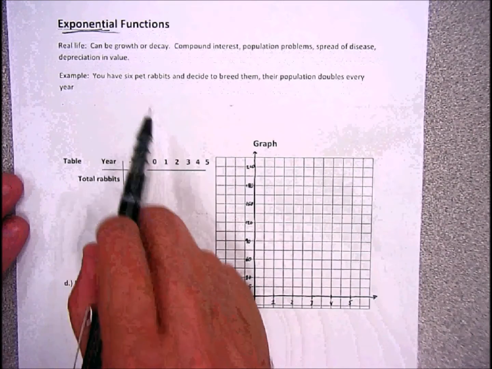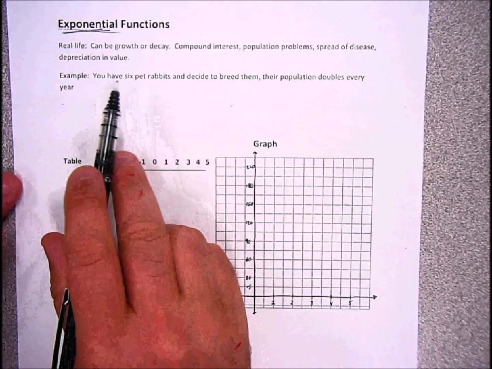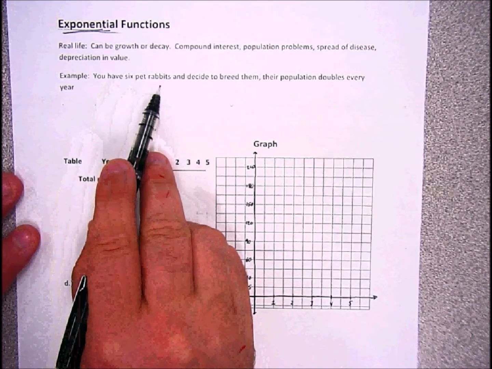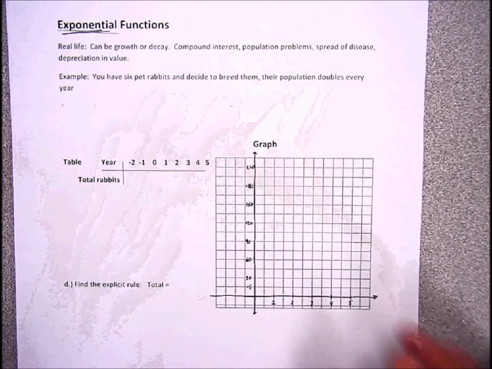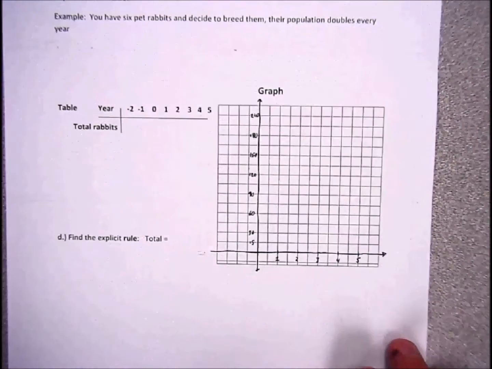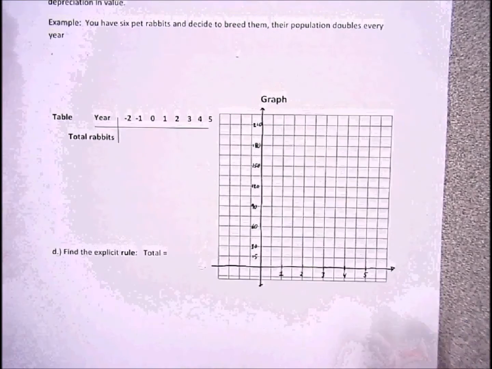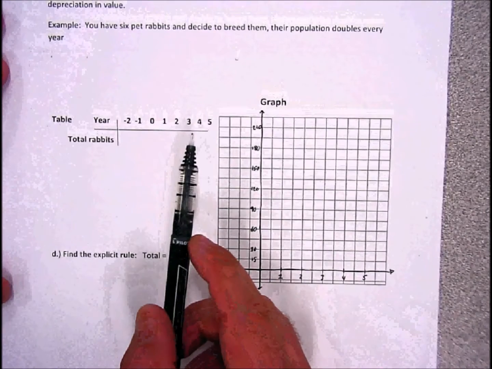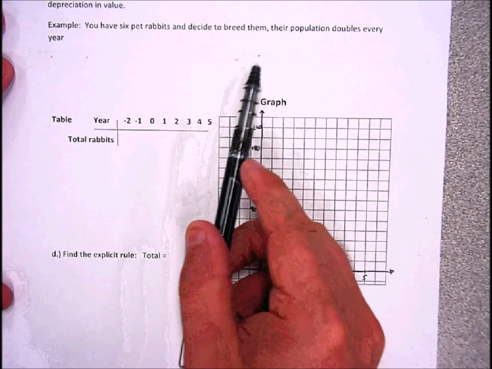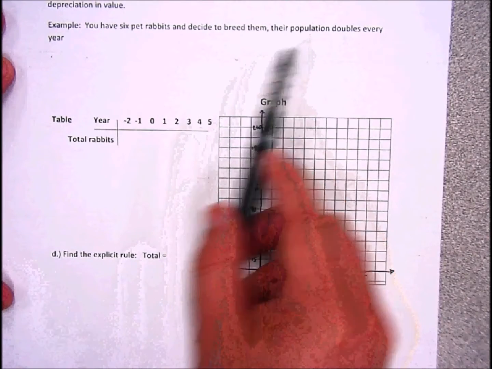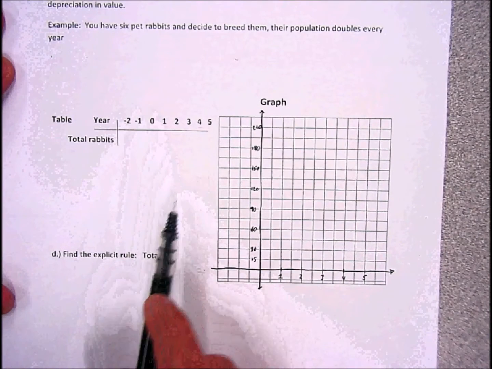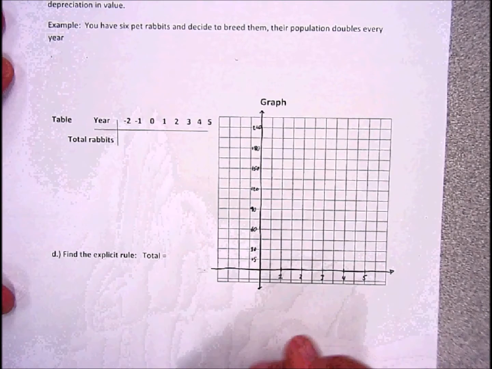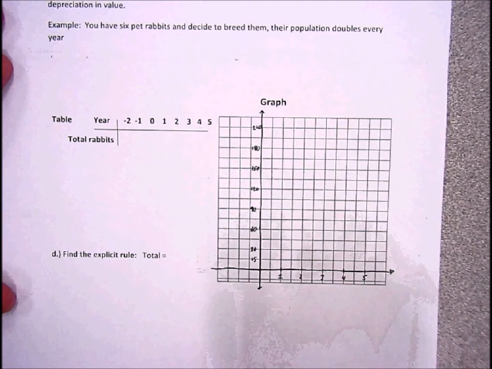Here, let's say you had 6 pet rabbits, you decide to breed them, and their population is doubling every year. So let's take that example, and we're going to see if we can represent that relationship between the population of rabbits and time in a table, in a rule, in a graph, and show why that's an exponential relationship.